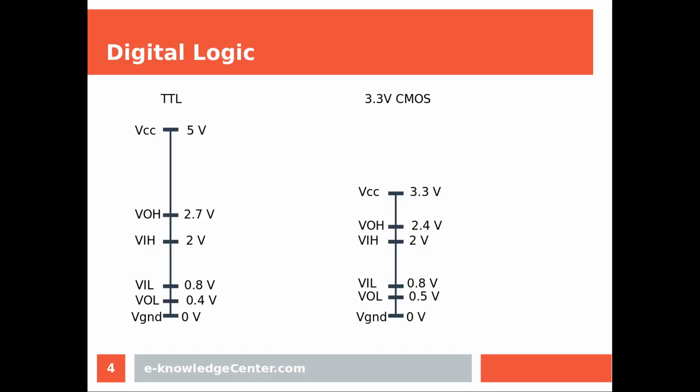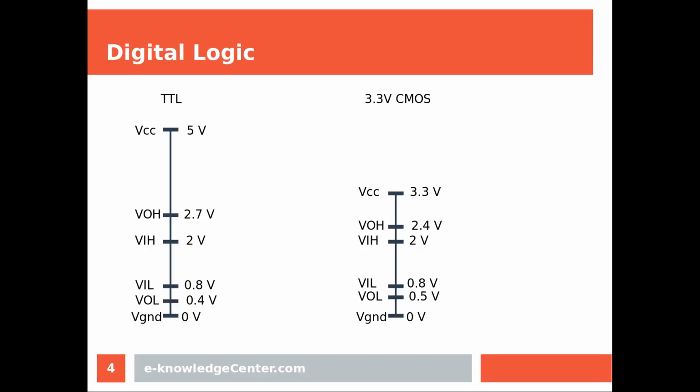In TTL this voltage is 2 volts, and for CMOS also 2 volts. So as you can see, the minimum voltage on the output for TTL is 2.7, and the minimum voltage to be considered as high is 2 volts. So there is 0.7 volt of space for noise, and the destination device should still be able to recognize this signal in the worst case.